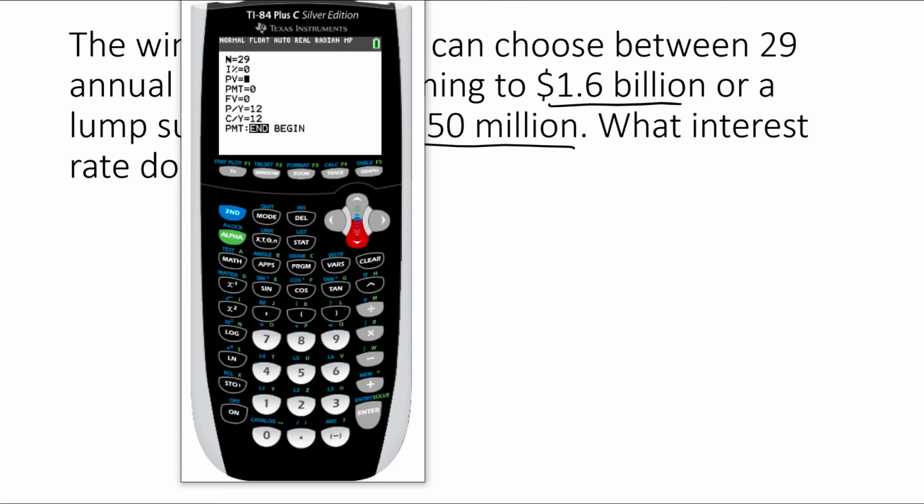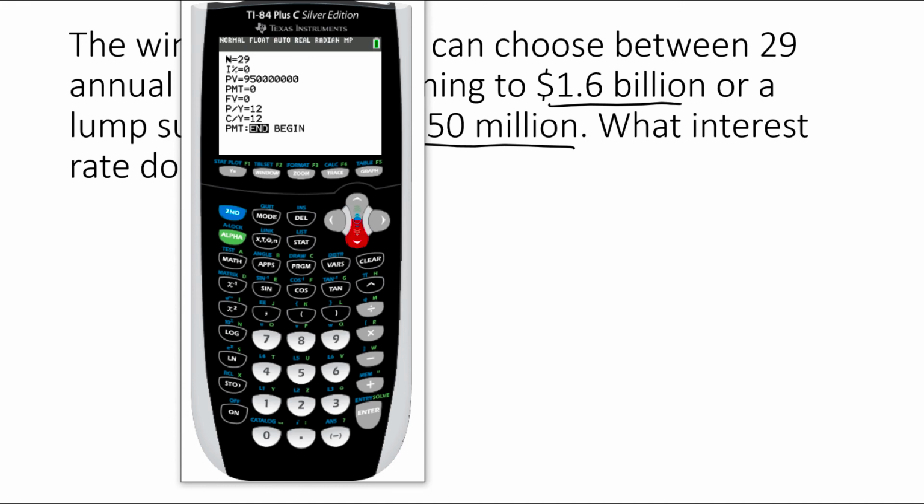The present value is how much it is worth right now. That's the amount of money they have right now, and that's $950 million. So that's 950, 0, 0, 0, 0, 0, 0. It's a whole lot of zeros. Let's skip over payment for right now.